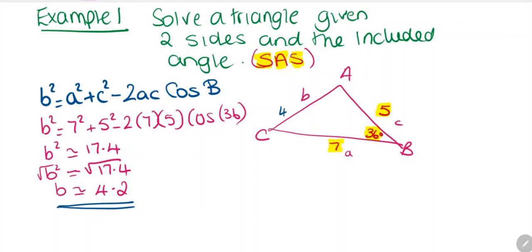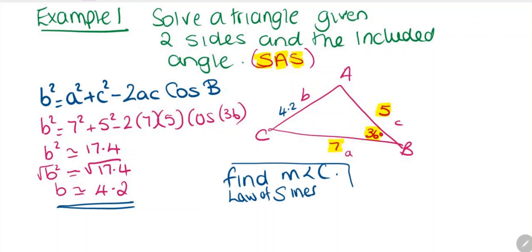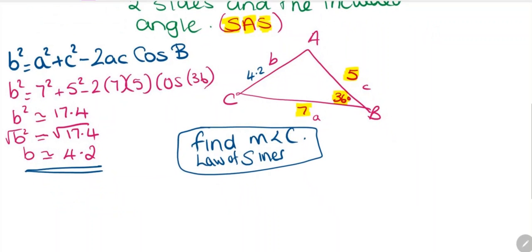Now we can go back and use the law of sines to find the missing angle. We can find the measure of angle C. This is going to be the sine of C divided by little c, equal to the sine of B divided by little b.